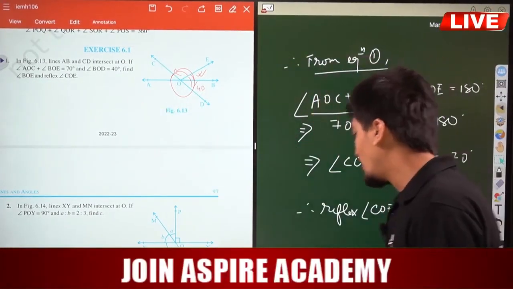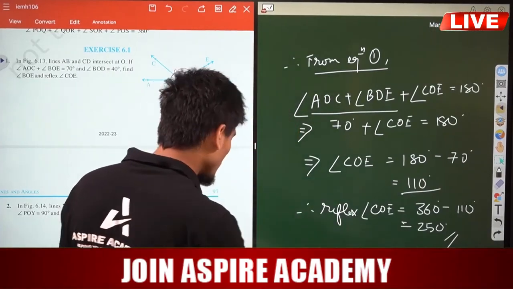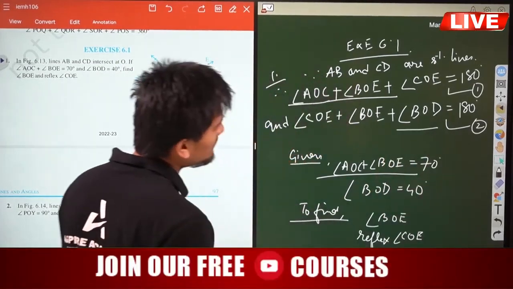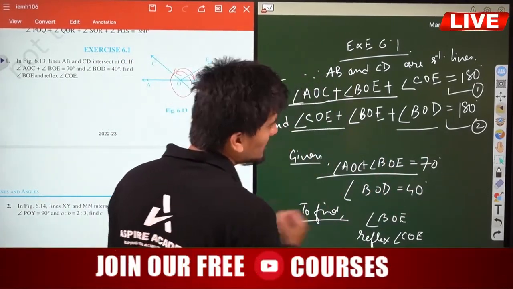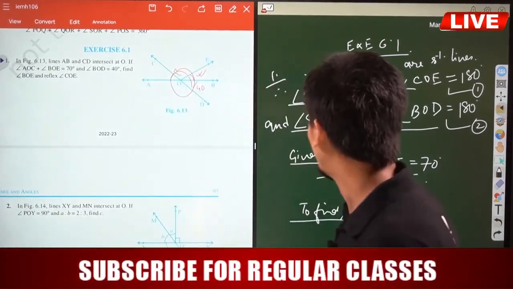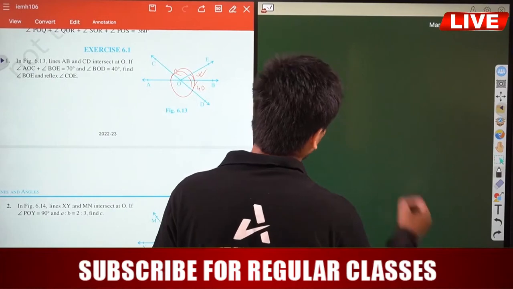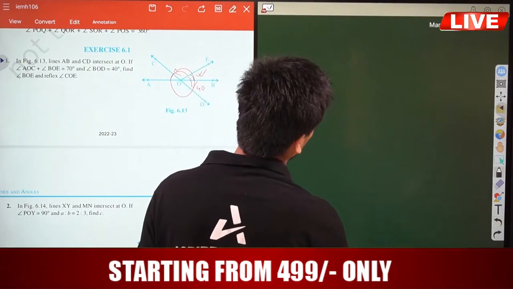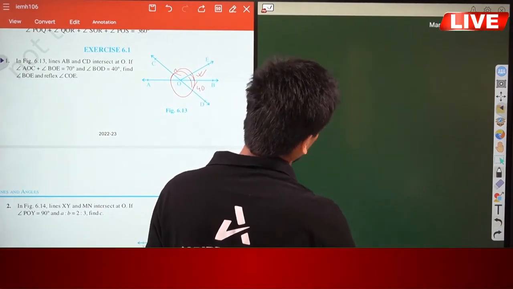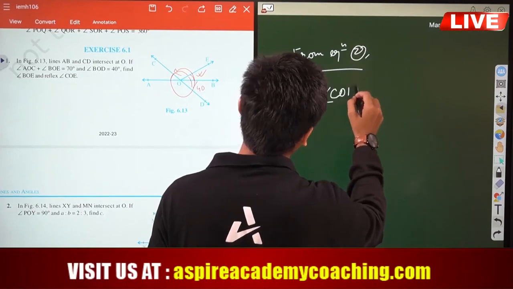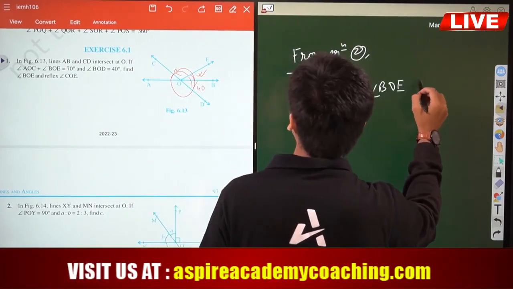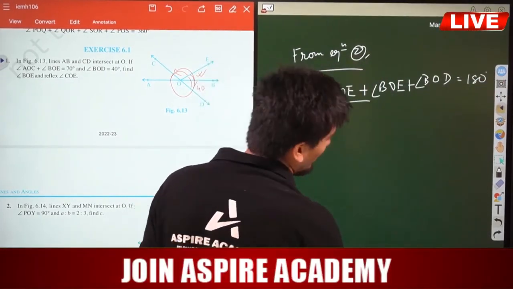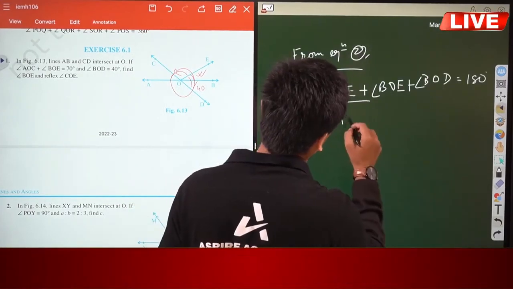Next, we need to find angle BOE. Therefore, for angle BOE, see, we have angle BOD as 40 degrees. We have angle COE, right? Then we can find angle BOE. Therefore, from equation 2, we have angle COE plus angle BOE plus angle BOD equals 180 degrees. We have already found angle COE as 110 degrees, right?